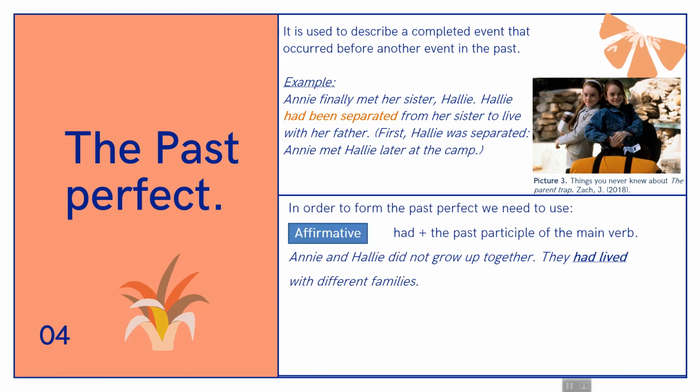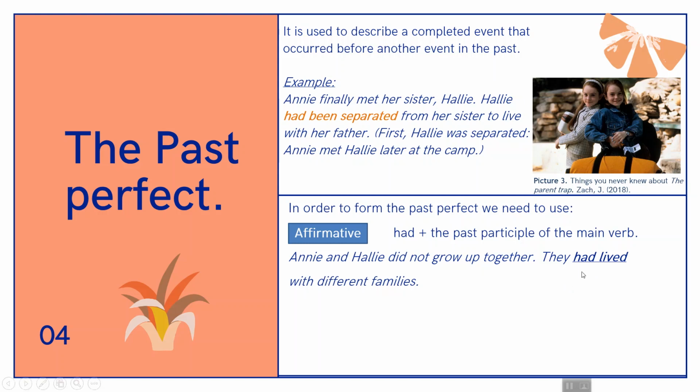In affirmative statements, we can use the subject plus the auxiliary had, plus the past participle of the main verb. For example, Annie and Hallie did not grow up together. This is simple past, did not grow up together. Now, the example with the past perfect, they had lived with different families.